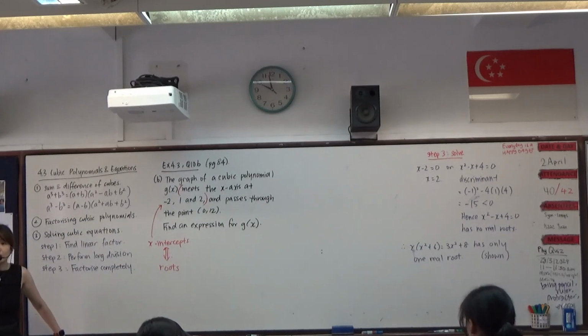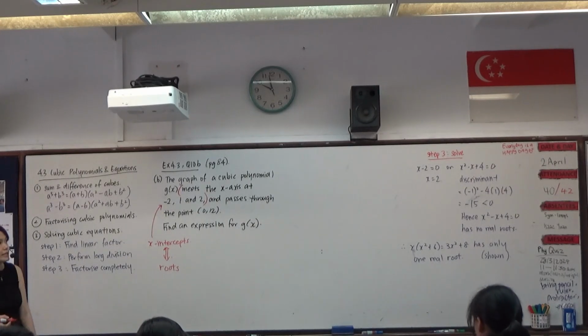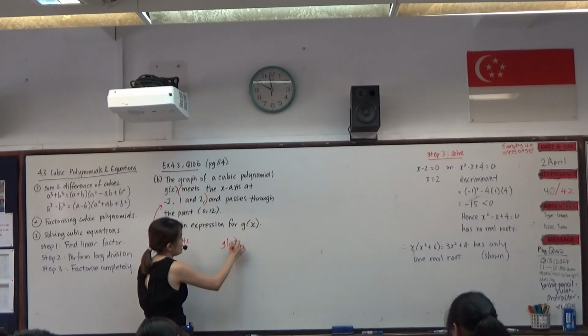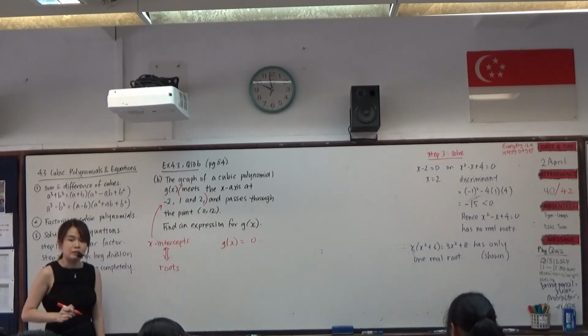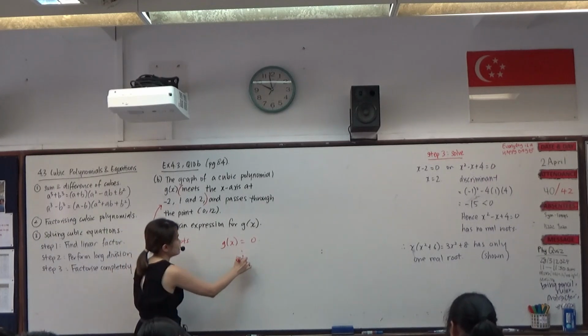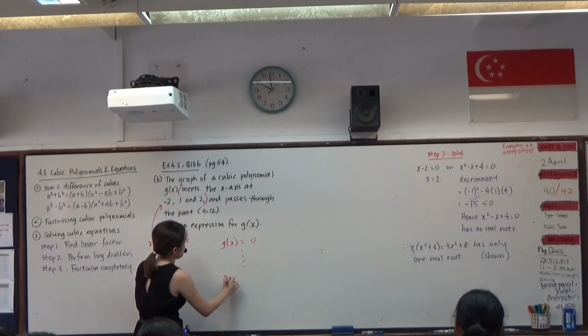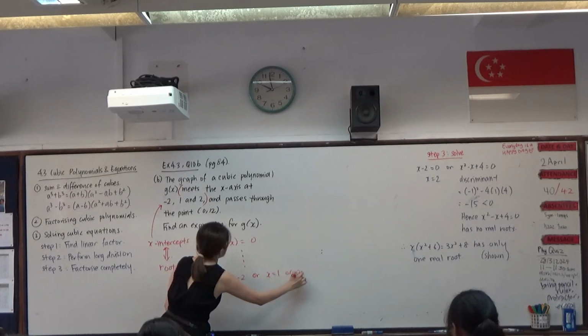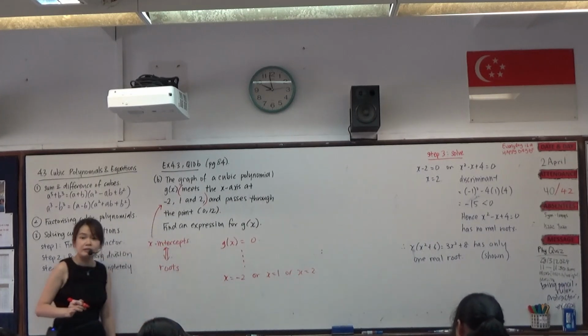With roots, it means that when g(x) equals 0, my answer when I solve it is going to give me x equals negative 2, or x equals 1, or x equals 2.